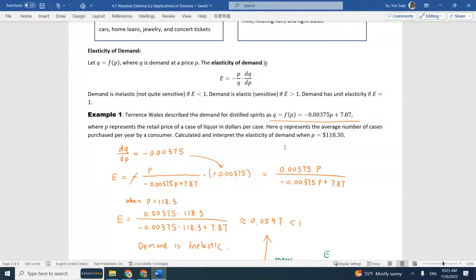Like some computers or necklaces, jewelry, you watch for a Thanksgiving sale to buy it. You don't need it right now, you can wait a little bit longer. So last time in example 1, we computed E and plugged in the price, we got E less than 1, so demand is inelastic. Right, everybody? Okay, so let's continue.